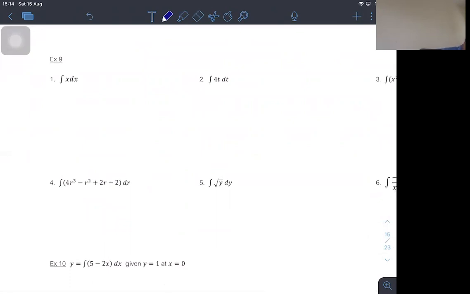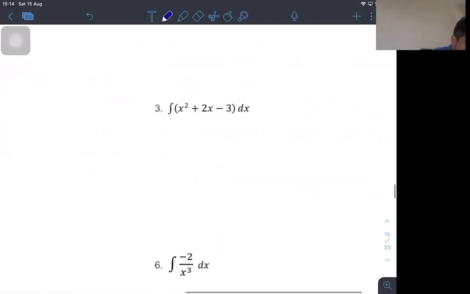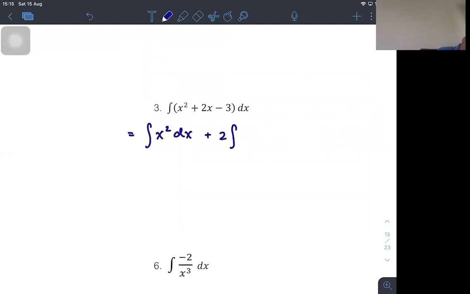Here I would integrate x to the 1 dx, which is x to the 2 divided by 2 plus an unknown constant. Then for this polynomial, this would be integrate x squared dx plus 2 times integrate x dx, because we can bring the constant out, and then -3 times integrate 1 dx.